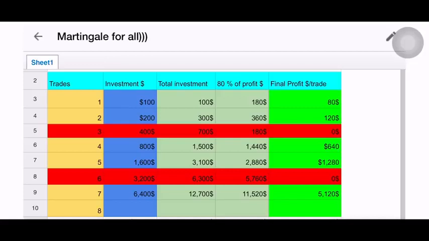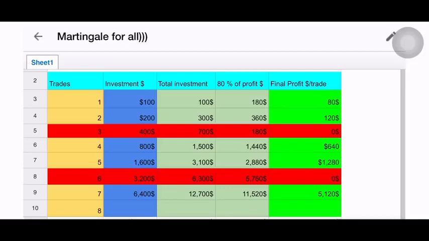It's exactly $320. That means $720 is what I am supposed to get if I make a profit here, but I lose it. So the next trade is going to be a very perfect example of martingale, which is doubling the amount, 800.